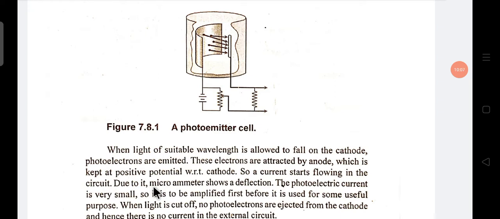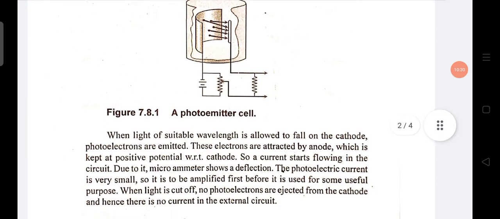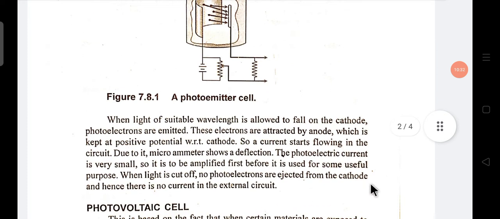Due to it, the microammeter shows deflection. The photoelectric current is very small, so it has to be amplified before it is used for any useful purpose. When light is cut off, no electrons are ejected from the cathode, hence there is no current.